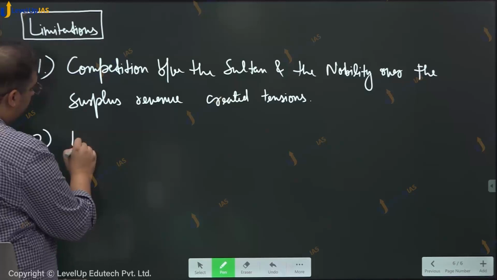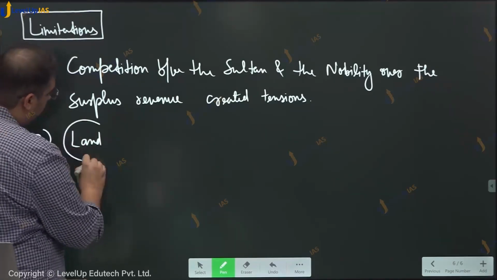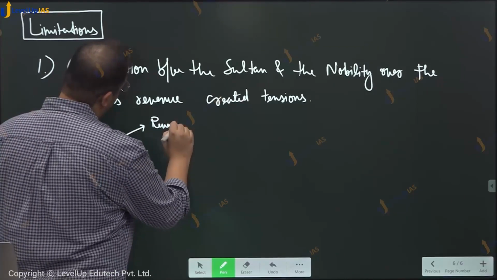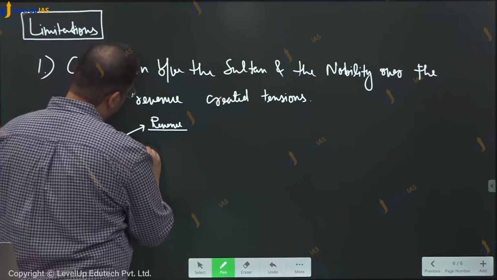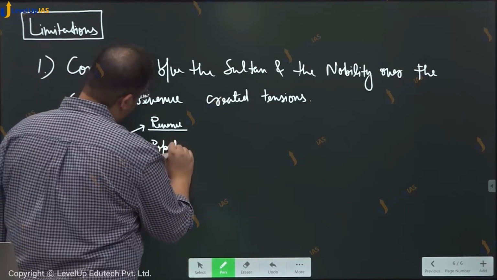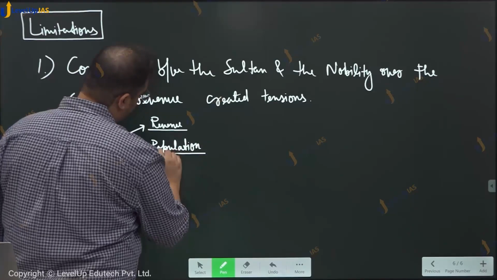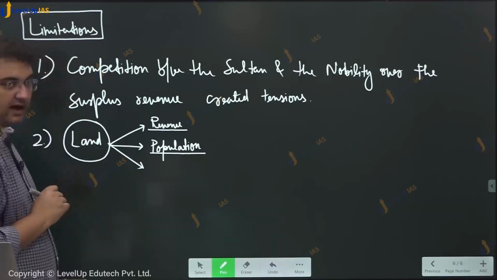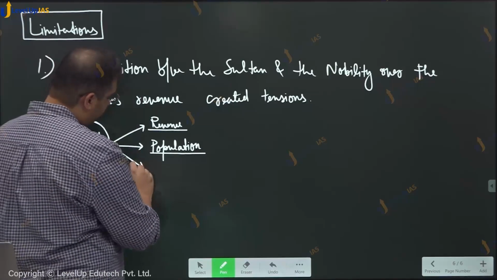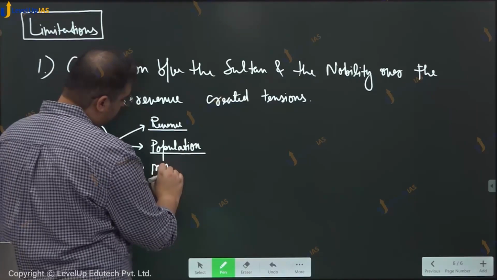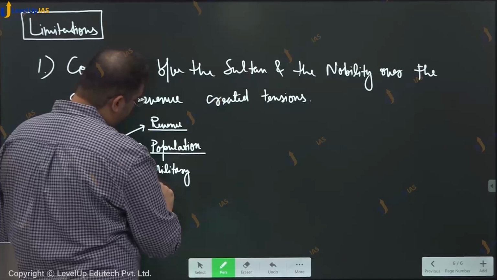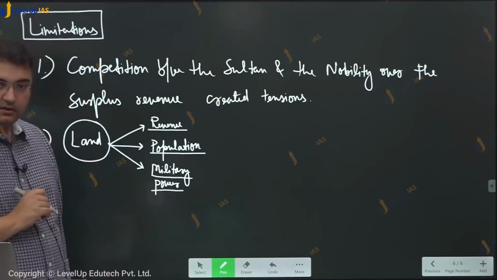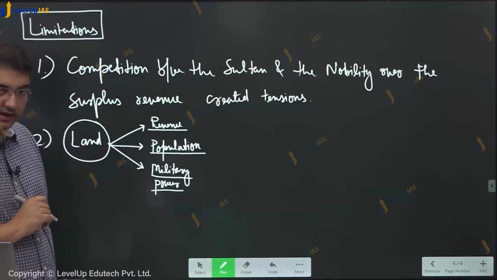So land is the source of revenue, it is what sustains a population, and it becomes the basis for organizing or raising a military power. ठीक है.